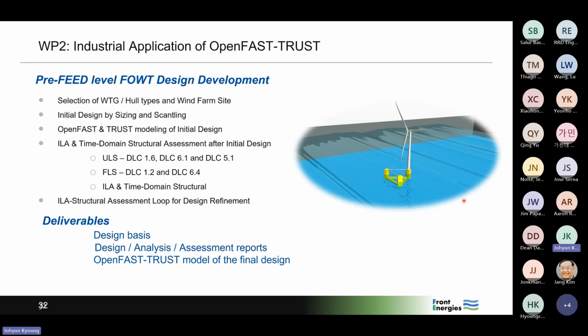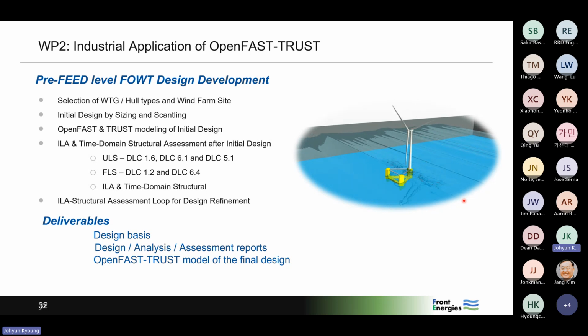This ILA and time domain structural assessment covers ULS and FLS. ULS cases include DLC 1.6 and 6.1 parking condition, and DLC 5.1 shutdown cases will be covered. And fatigue assessment to DLC 1.2 and 6.4. The ILA and structural assessment will look for design refinement according to this assessment.